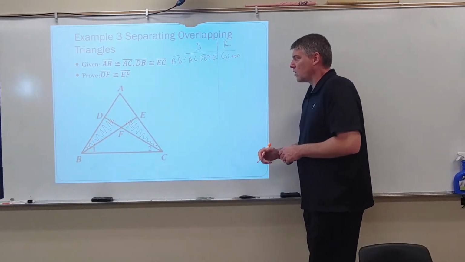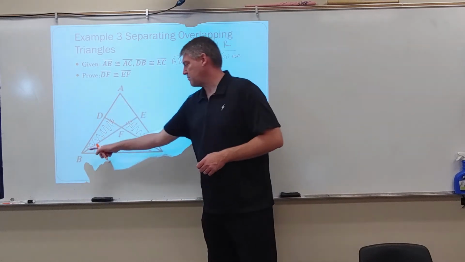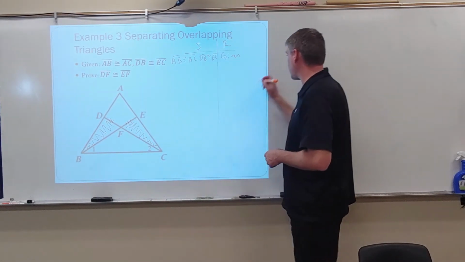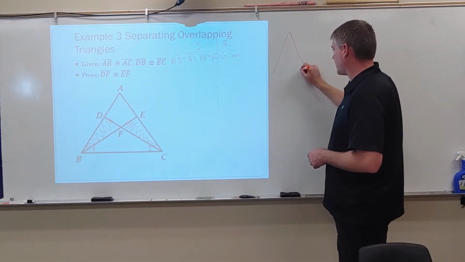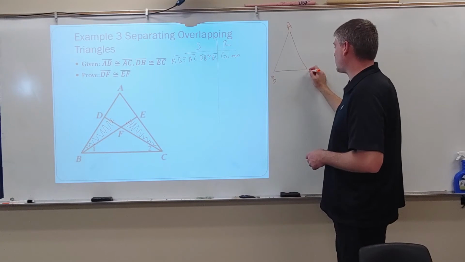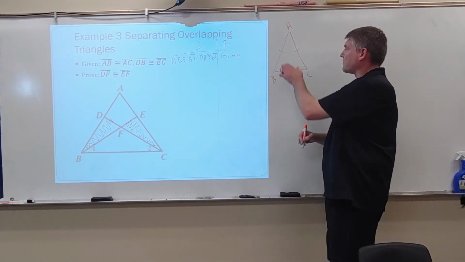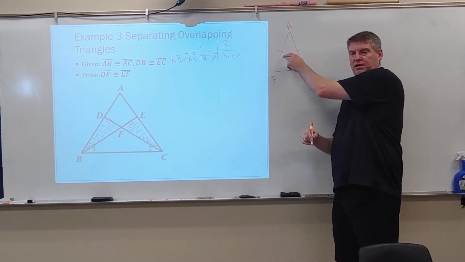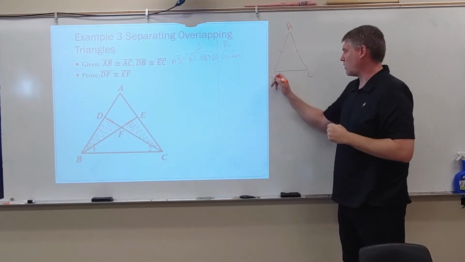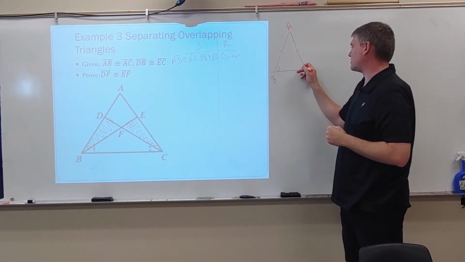Okay? So if I have AB is congruent to AC, so if I have a triangle up here, and I'm going to take out all the inside pieces, so all the inside lines are out. If I know these two are congruent, what else do I know? Well, I actually know that these two angles are congruent.